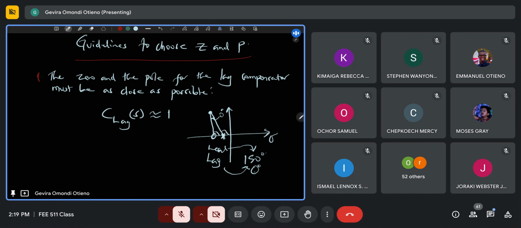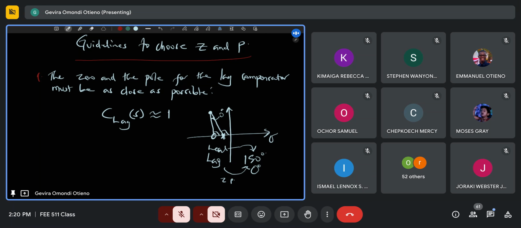The only way to add 0 degrees to the entire combination is to ensure that the zero and the pole location are as close together as possible. Very, very close. That is why the transfer function that we come up with should almost be equal to 1. Of course, it is not going to be equal to 1, but it's approximately 1.